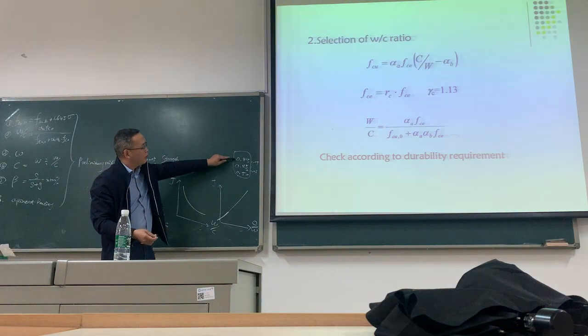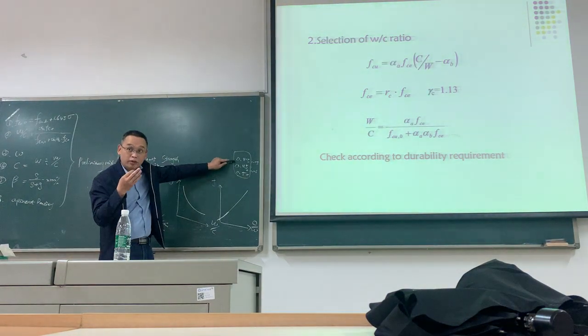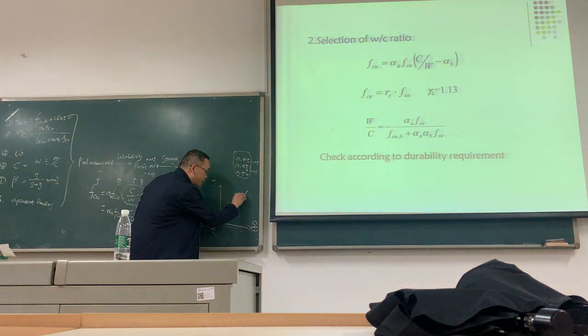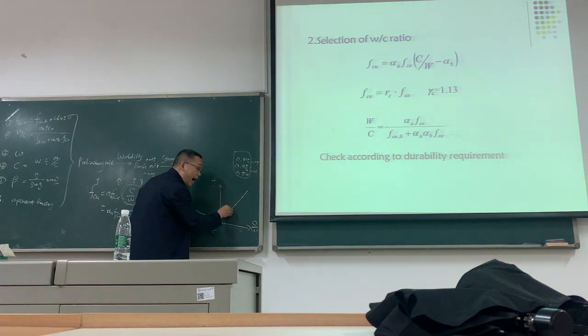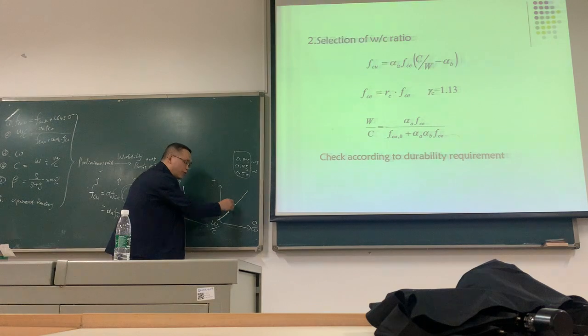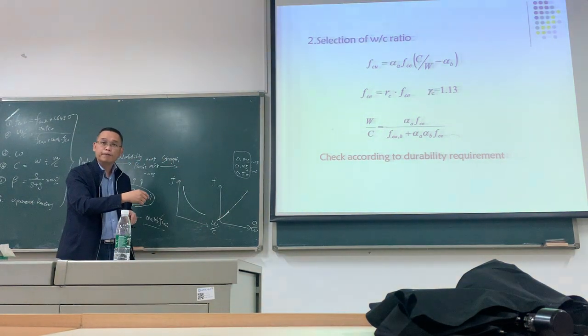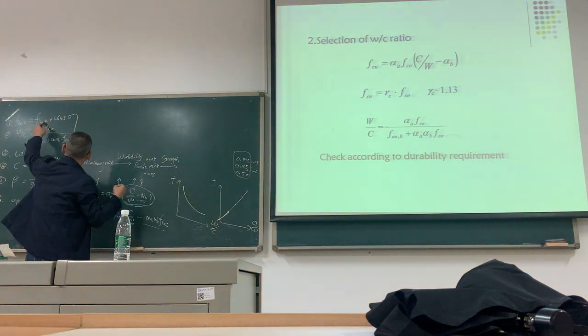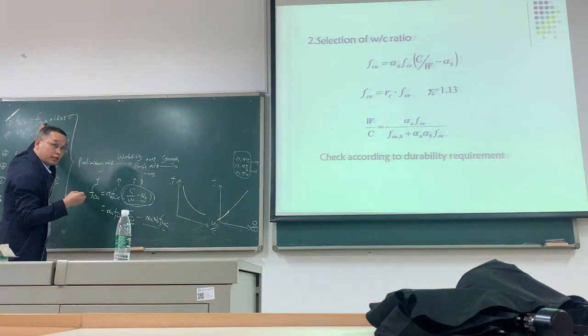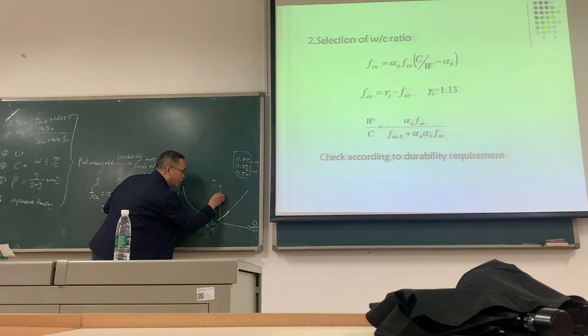So, because there are 3 water cement ratios, we can get 3 cement water ratios. And these 3 cement water ratios will lie on this straight line. So, what is the purpose of this straight line? Here, we get the produced strength for the concrete.